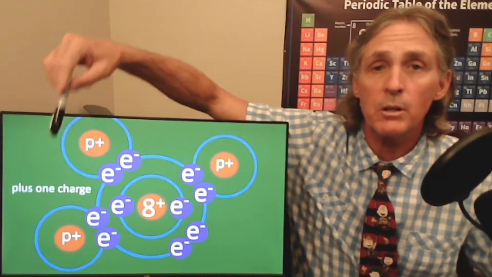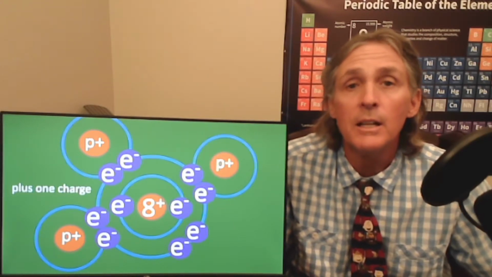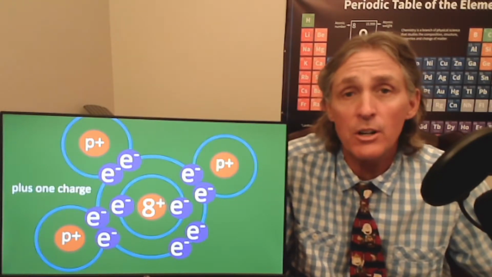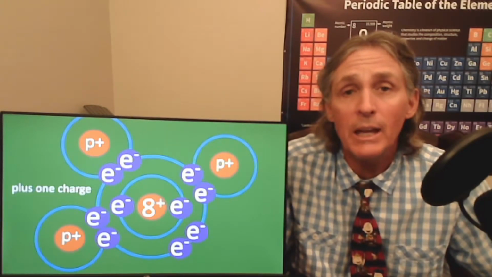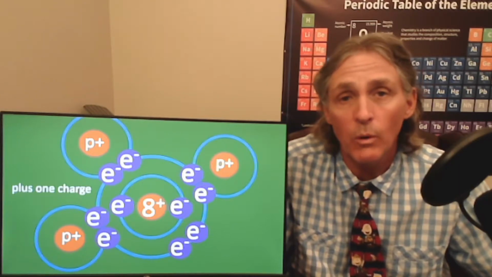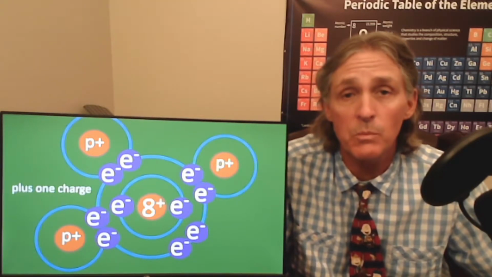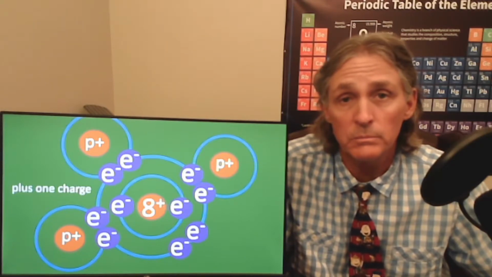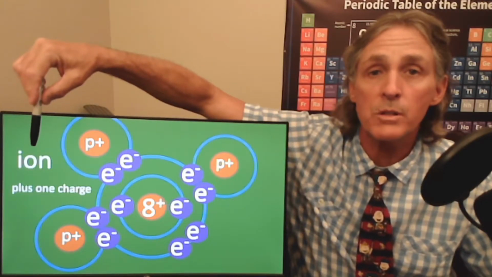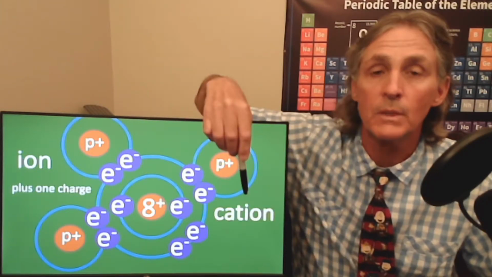We end up with a +1 charge because now we still have 10 negatively charged electrons, but we have 11 positively charged protons. One more positive charge than negative charge to give us a +1 charge overall. These molecules that carry a charge, plus or minus, are called ions.